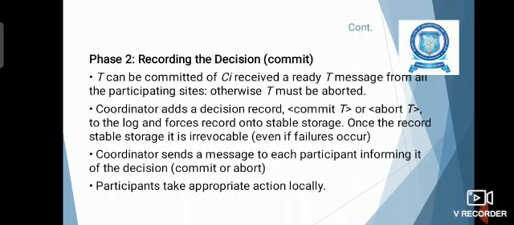So the coordinator adds a decision record, commit T or abort T, to the log and forces the record onto stable storage. Once the record is on stable storage, it is irrevocable. The coordinator sends a message to each participant informing it about the decision. So participants take the appropriate actions locally.